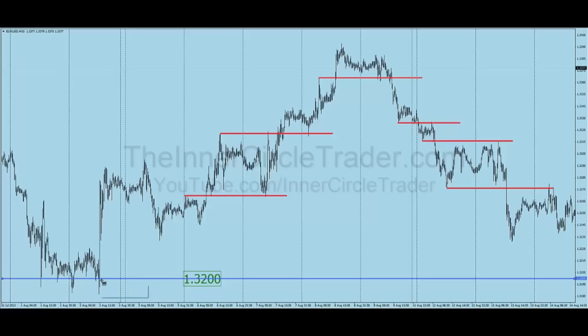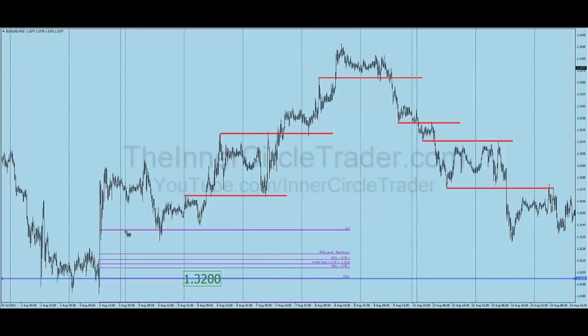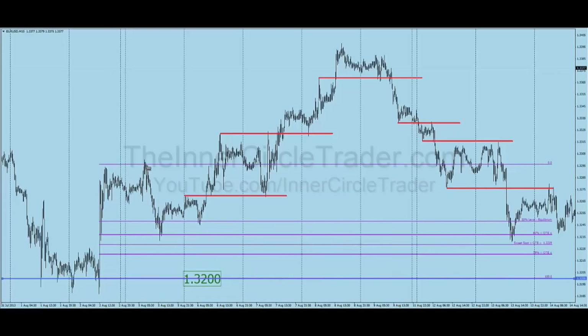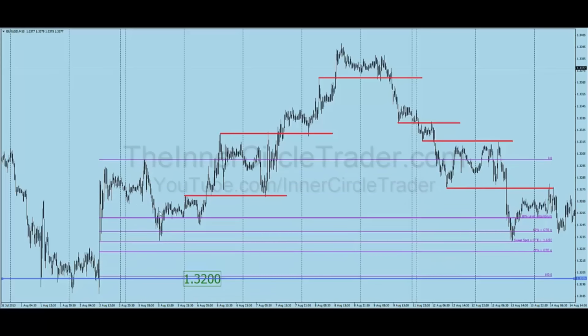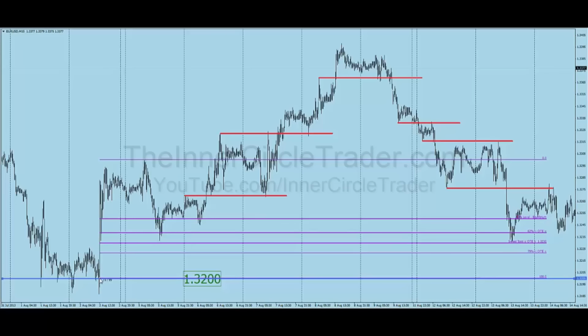We have price here rallying up away from it, making this high here. Okay, you see that? Let me put this right on the level because I want to be consistent about what I'm showing you. This is the 70.5 level, this is the 79% level, and this is the 62% level.